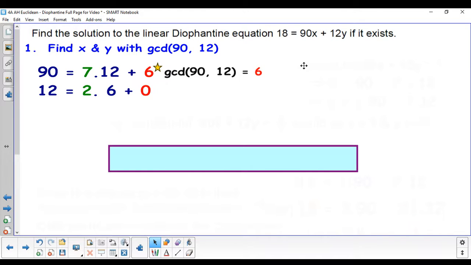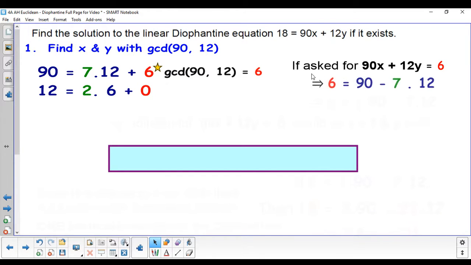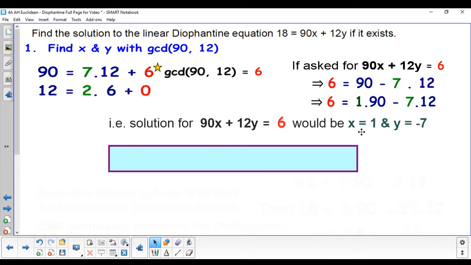If the greatest common divisor is 6 for 90 and 12, it'd be 90x plus 12y equals 6. Then you would get 6 equals 90 take 7 12s. If you want to see x and y, I'll rewrite that as 1 lot of 90 take 7 times 12. So if it was 90x plus 12y equals 6, then x would equal 1 and y would equal minus 7.